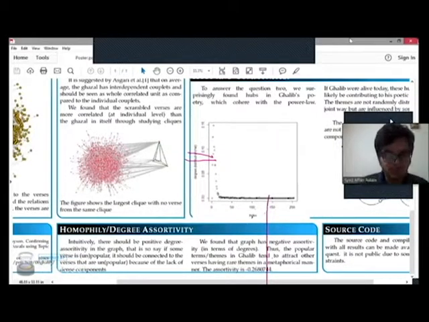So the concept of homophily is that in this context, if some verse is very popular, it's very logical to think that it should be connected to other popular verses, because it is popular in that way.